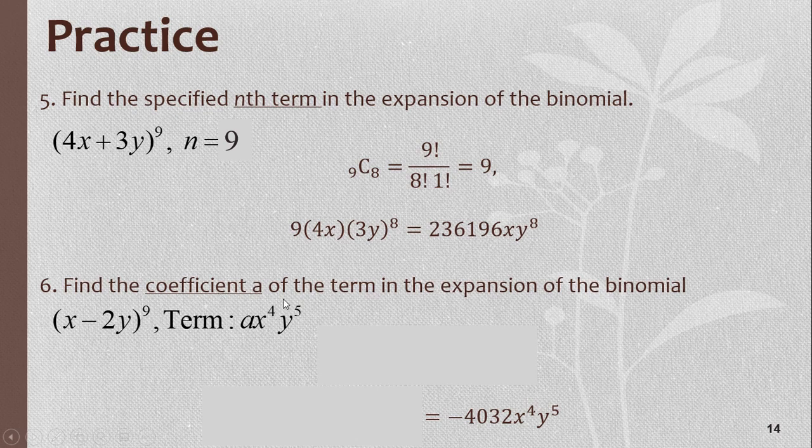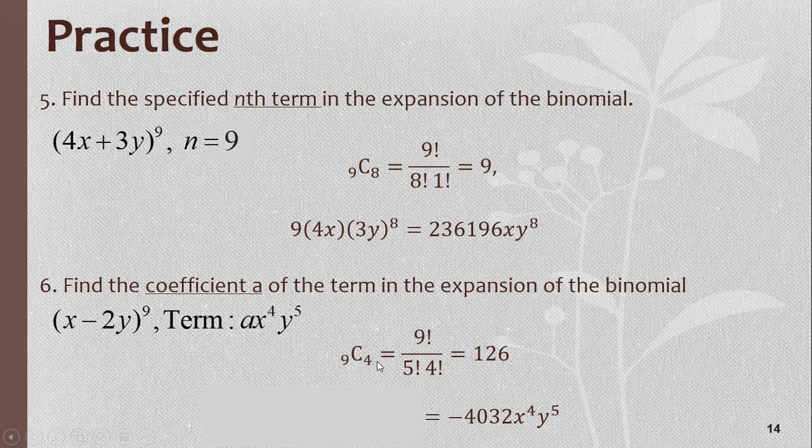All right, find the coefficient A of this term in the binomial expansion, x minus 2y to the 9th power. So we're going to find ax to the 4th, y to the 5th. Well, this is going to be the 9th row, because again, the exponent is 9, and we're going to find the 4th element. So it's going to go, again, for element 4, 9, 8, 7, 6, 5, 4, and for y, 0, 1, 2, 3, 4, 5.